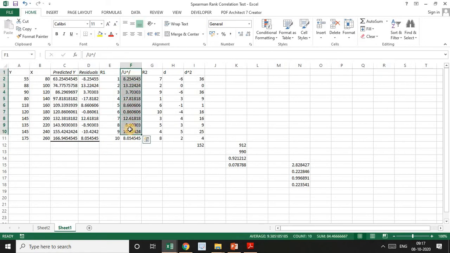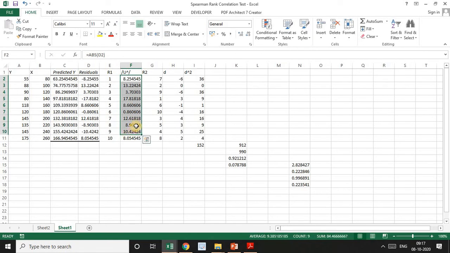Then I have taken the predicted y, and the predicted y is ranked R1. Look, this is the smallest, this is the largest. I have ranked 1, 2, 3, 4, 5, 6, 7, 8, 9, 10. And this is also ranked from smallest to largest.